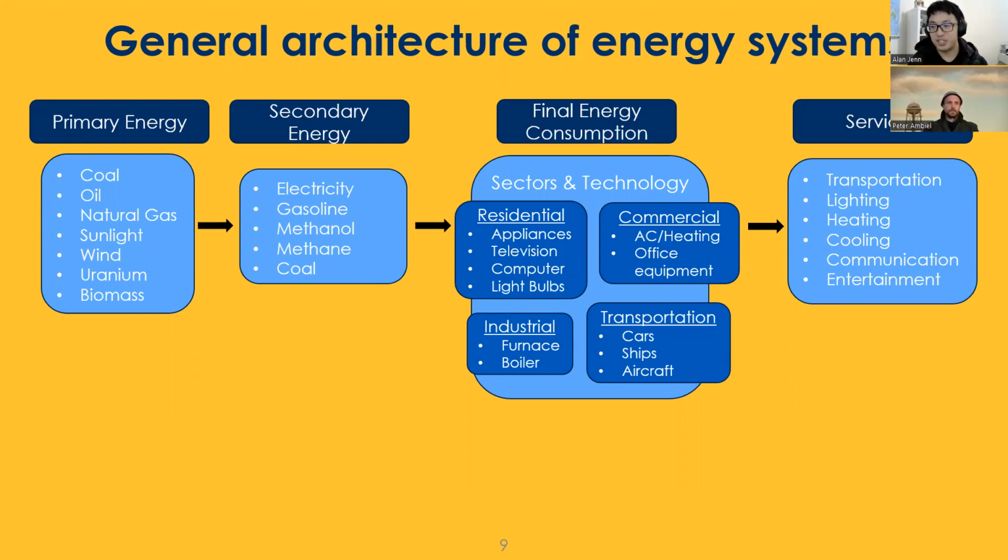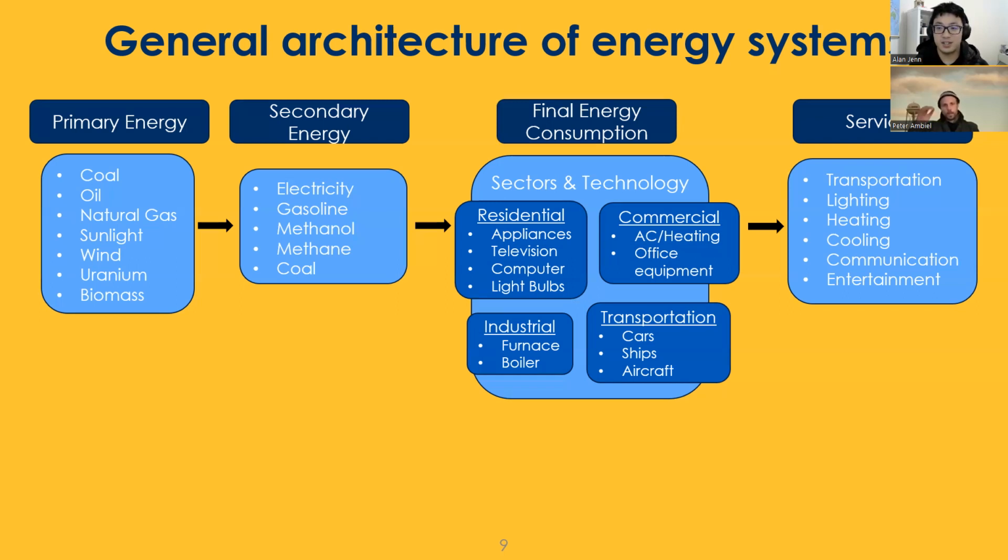We'll give more formal definitions of primary energy a little later in the slides, but you can think of it as essentially resources coming directly from nature, things that haven't been refined or transformed in any way.